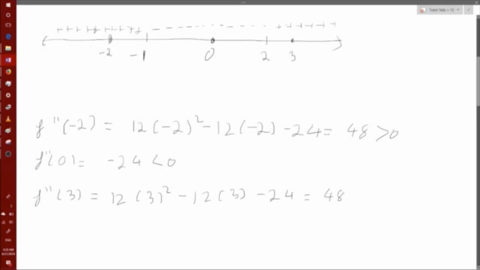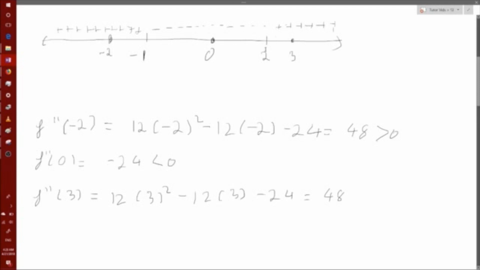Alright, so this means that both of our possible inflection points are in fact inflection points, because to the left of our first inflection point at negative 1 we have positive, to the right we get negative, so it changes sign here. It means this is an actual inflection point. Likewise, for our second inflection point at x equal to 2, the left side is negative and the right side is positive.